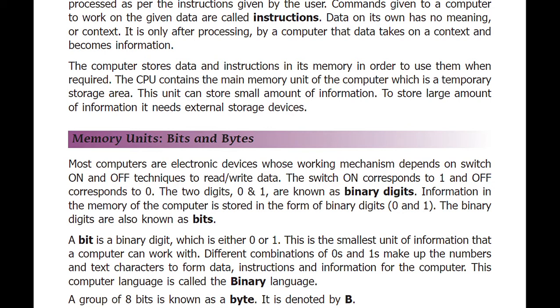Whatever binary digits I told you, we call them bits. So a bit is a binary digit, either 0 or 1. This is the smallest unit of information that your computer works with. This language is called binary language, the language of 0 and 1.